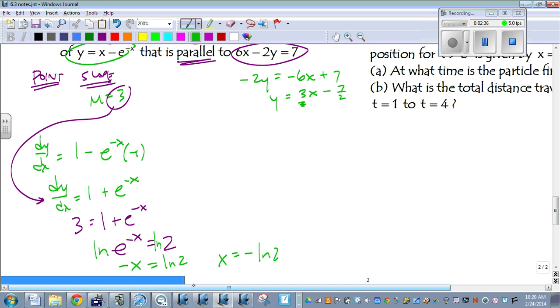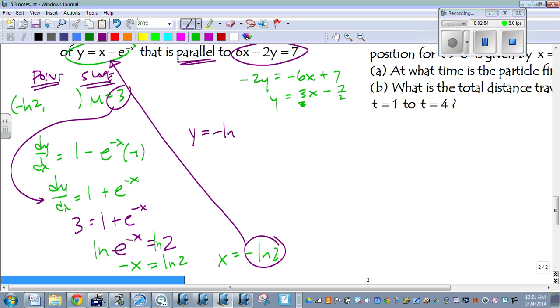Not the most beautiful x value for our ordered pair, but that's our x value, negative natural log of 2. But we still need to figure out what y is. Well, we know what x is, we can take that and substitute it into our equation. y equals negative natural log of 2 minus e to the negative x, so that would be the opposite of this, which means it's just going to be e to the natural log of 2.